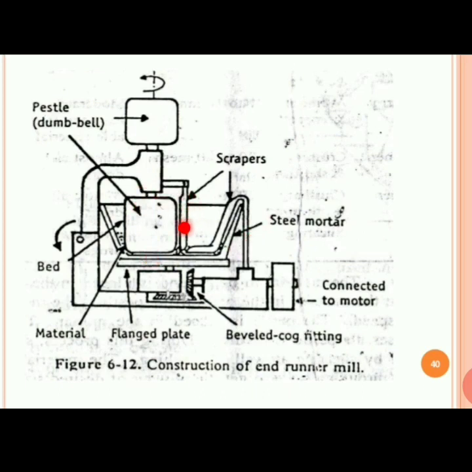Due to this, size reduction is achieved by shearing as well as crushing. After proper size reduction, the powder is collected from this mortar and passed through a sieve to get the desired size of powder. Okay, this is all about the working.